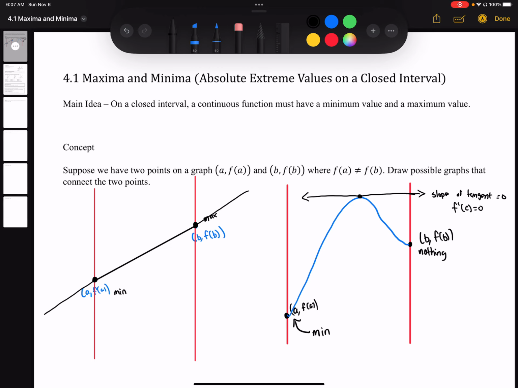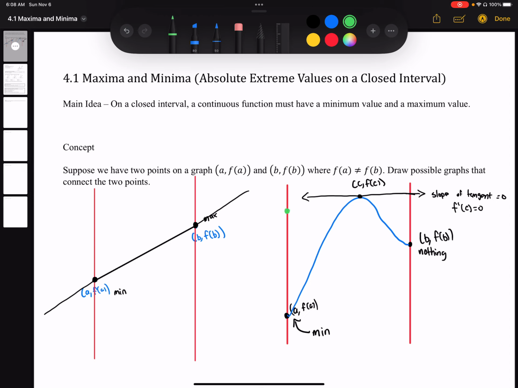We don't know what this point is, so we'll call this point C, f of C. So in these two examples of graphs, what we can see is that if I restrict a continuous function, which is important, to a closed interval, then my maximum or minimum value could occur at the endpoints of my interval, or possibly where my derivative is 0 inside the interval.